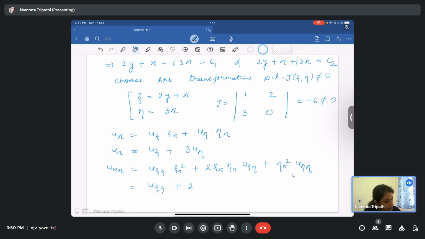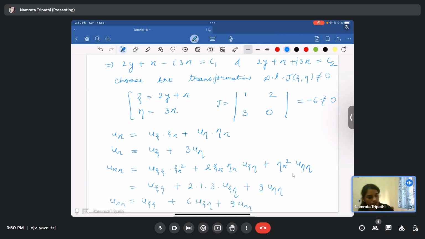The value of this is 1, and this is 3 xi eta. What is eta x? 3, and square is 9. So this is the expression for uxx. Similarly, you have to calculate uxy and uyy.